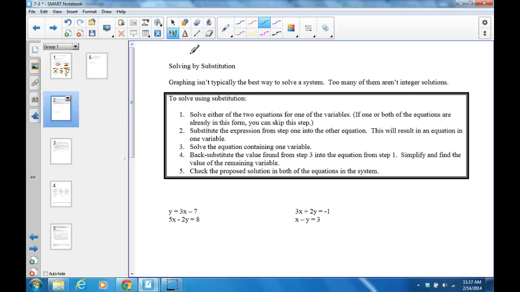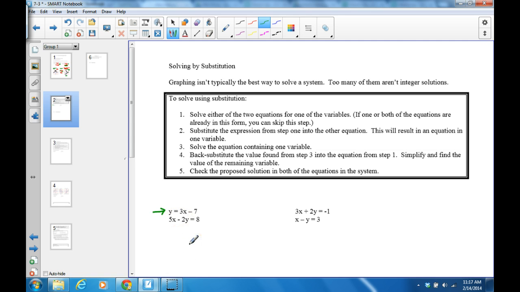Okay, so before we graphed to find the solution, this time we're going to actually solve them by substitution. So our first step for these is to solve either of the two equations for one of the variables. In this one right here, it's already solved for one variable. So I'm going to say that's done.